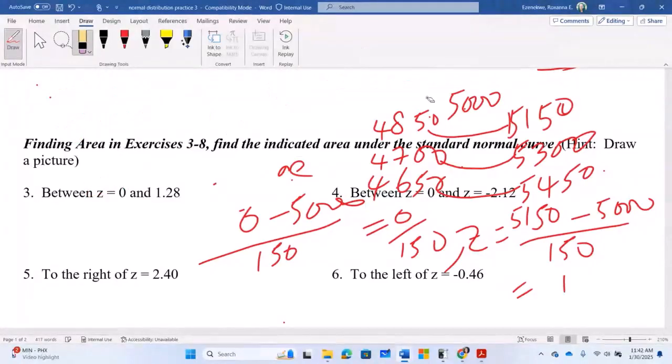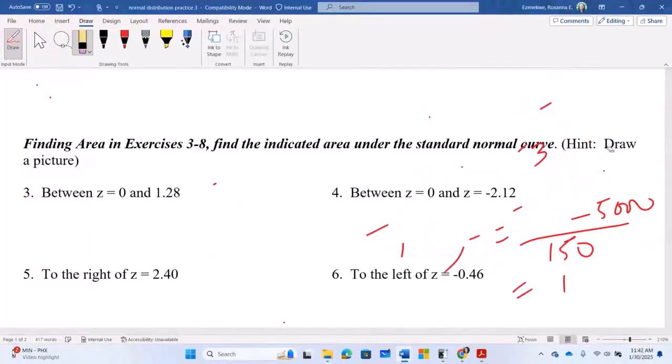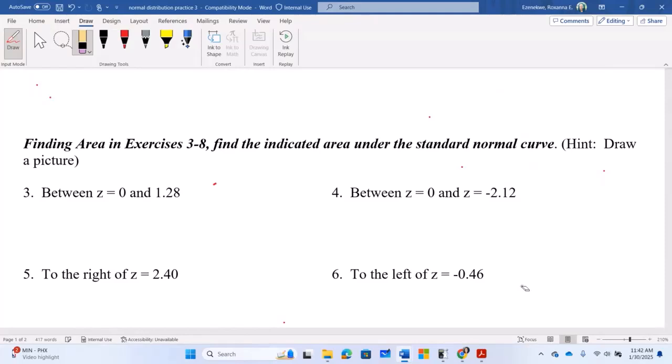If it looks complicated, you put it in your calculator. But if you don't know how to use your calculator, that is the problem. So from now on, in every test, there will be a question on empirical rule where it might not look good to use just the empirical rule. So knowing how to use your calculator and knowing how to read the chart will be very good.